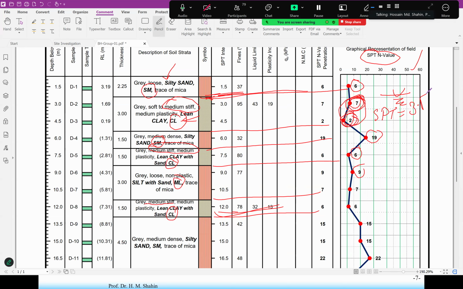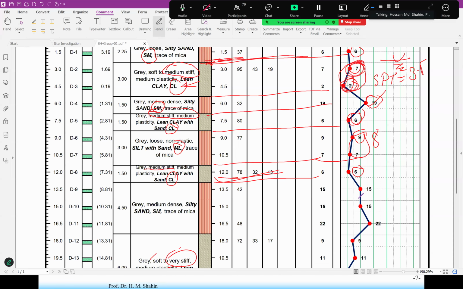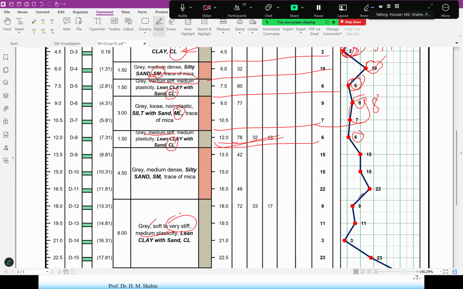So here only one, say 19, here only 1, 5. So here ML, it is 9 plus 7 divided by 2 is 8. So only 6. Now coming here, again you have 3 values, 1, 2, 3. So make it average.